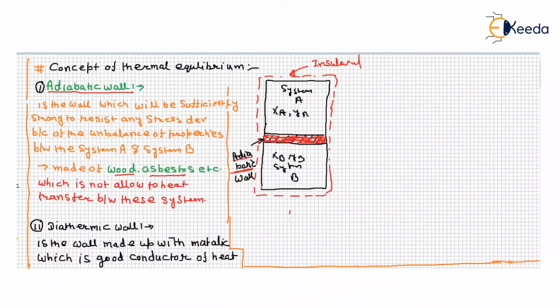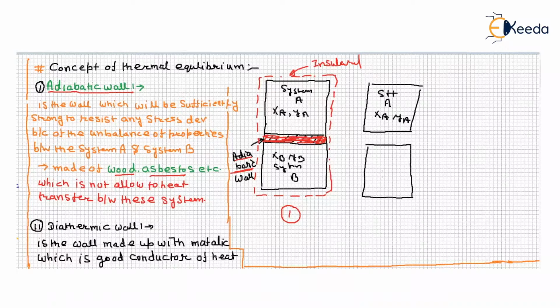Now if we take the same system A of a property XA and YA, and system B of a property XB, YB, now we connect a diathermic wall.